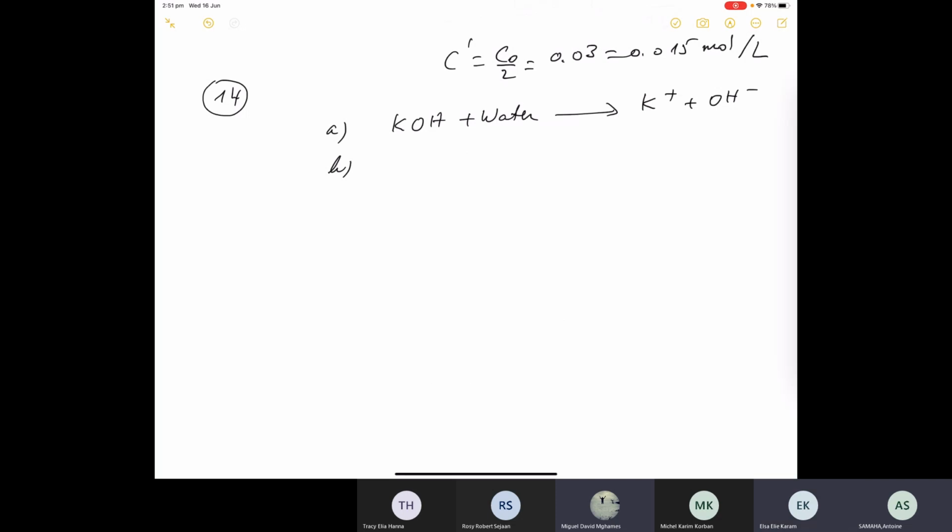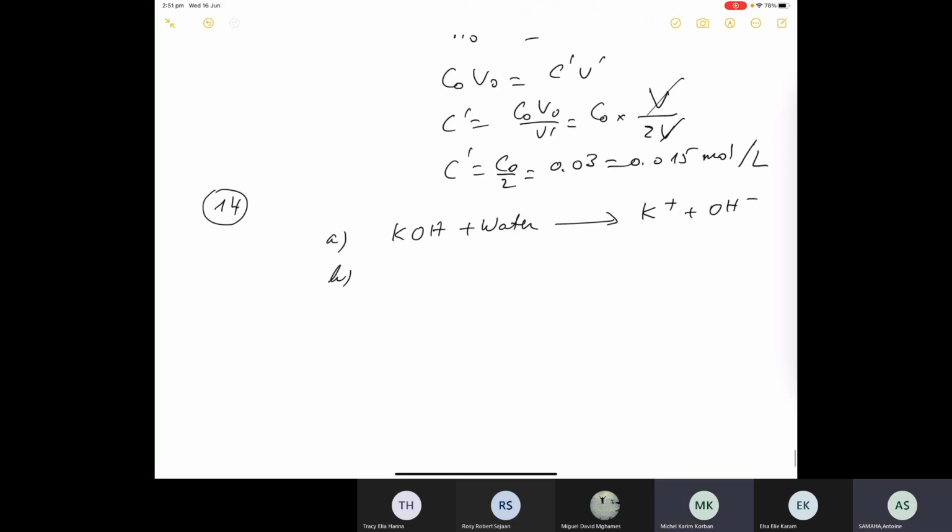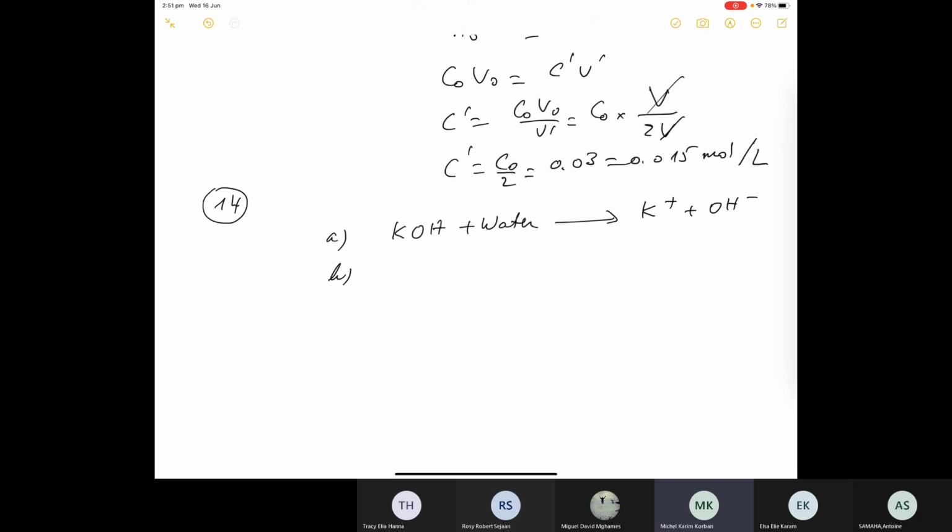The pH of a solution of KOH is 11. Calculate the concentration of this solution. Okay, the concentration of H3O plus equals 10 to the minus pH. Great. We have pH equal to 14 plus log CB.